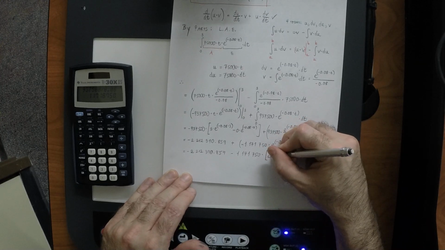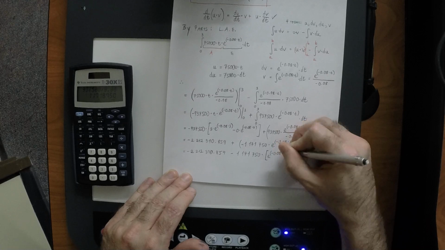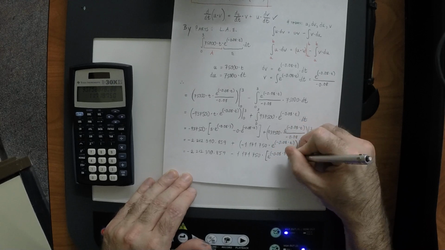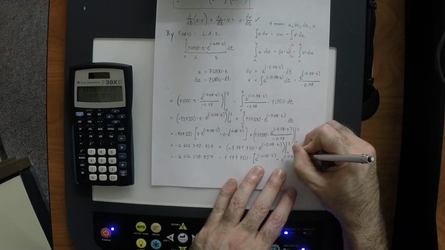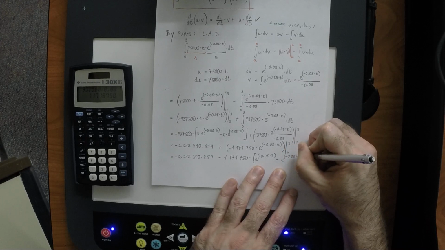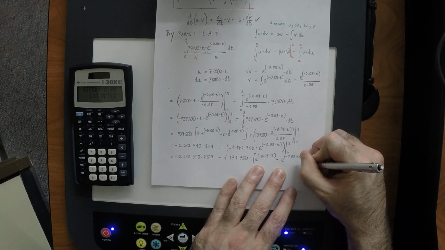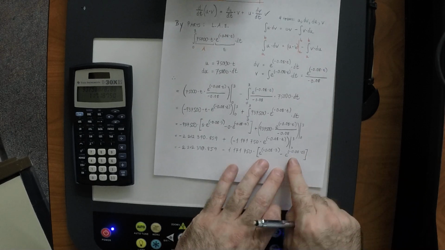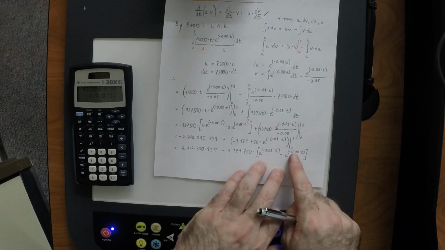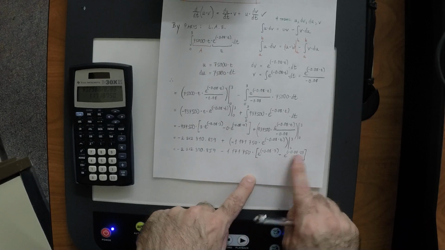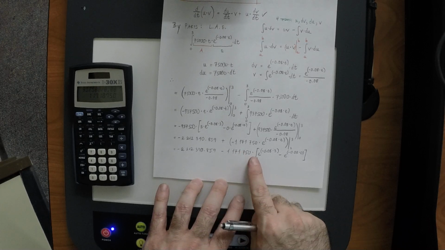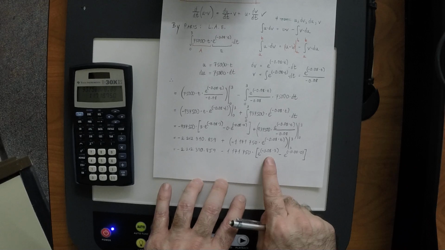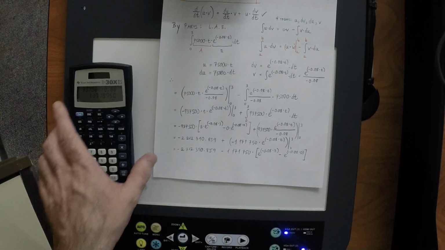So it would be exponential of negative 0.08 multiply 3, and then subtract exponential of negative 0.08 multiply 0. So this second one is actually easy, right? Because negative 0.08 times 0 is 0. So this is asking what is the exponential of 0? Well, it's 1, right? So it's really that number times that exponential minus 1. All right?